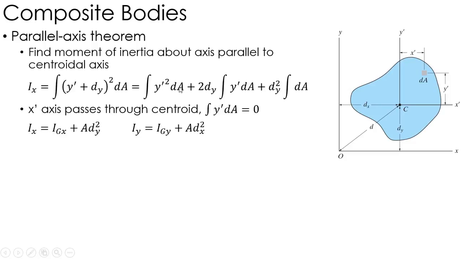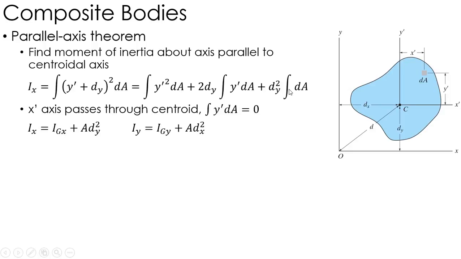This first term is the moment of inertia about the x prime axis, I'm sorry, I meant to say x prime axis. So it's the moment of inertia about the centroidal axis, the x-axis that passes through the centroid.